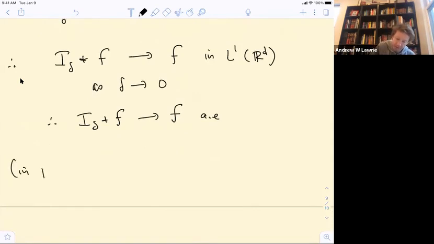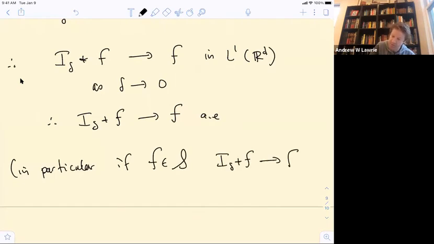In particular, if f is Schwartz, we have I delta equal to f for every x in R^d. Or in fact, even if f is just a continuous function, this would hold.